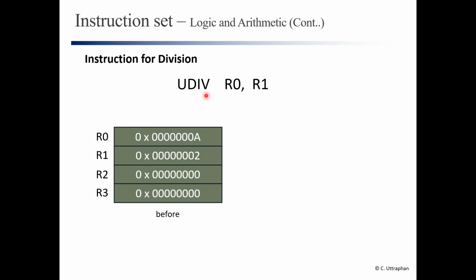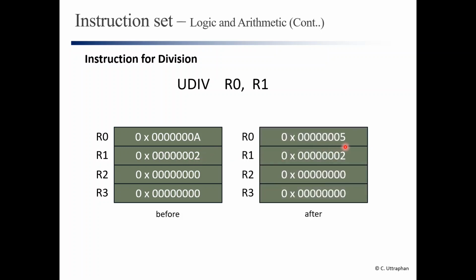Let the instruction be UDIV R0, R1, where the content of R0 is divided by the content of R1, and the result will be stored in R0. If the initial values of R0 and R1 are 32-bit hex A and hex 2, respectively, after the instruction is executed, we will have 32-bit hex 5 in R0.